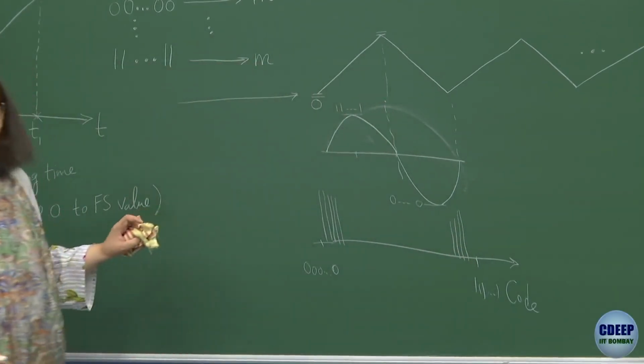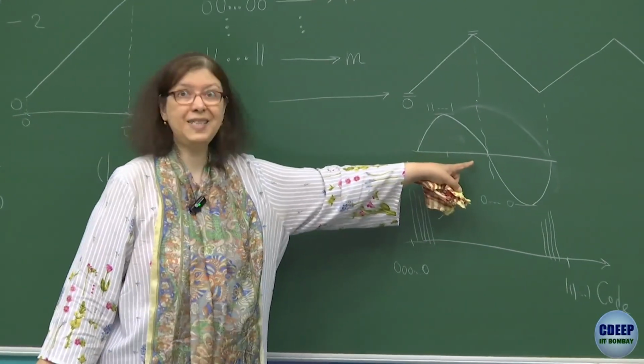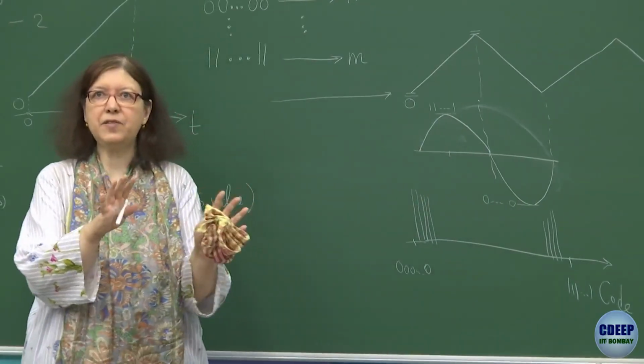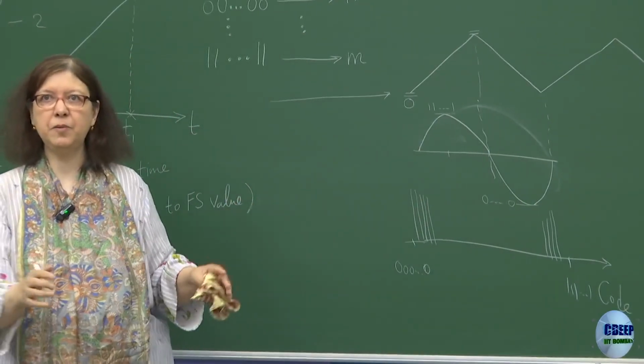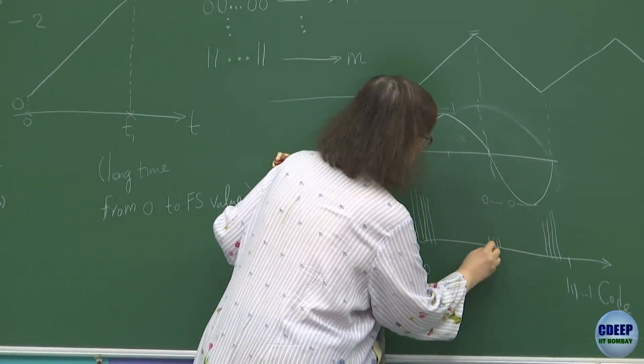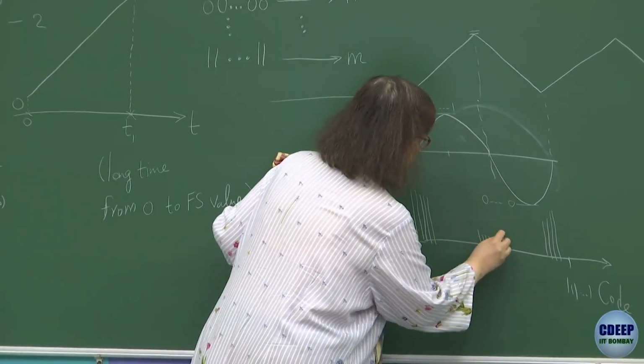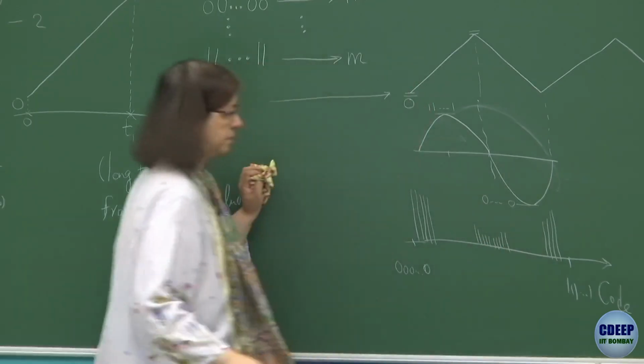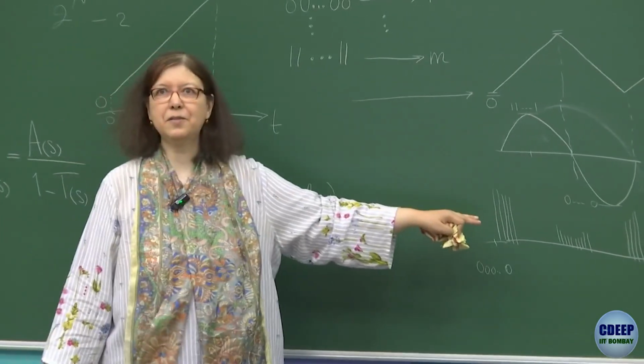And for the codes which are in the middle, like half 0, half 1, we will have the minimum number of hits. So we get this kind of distribution.